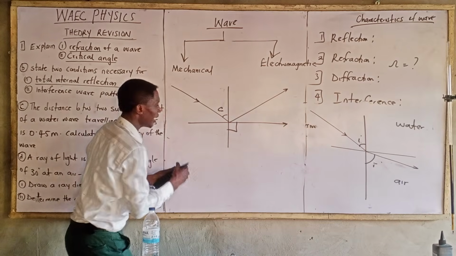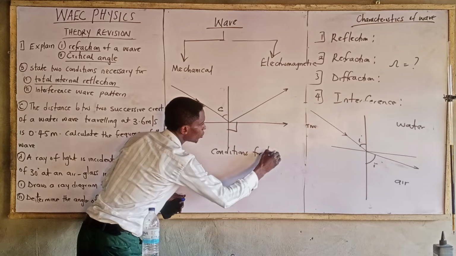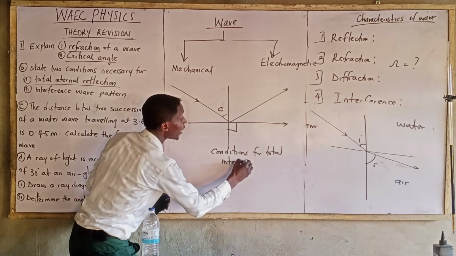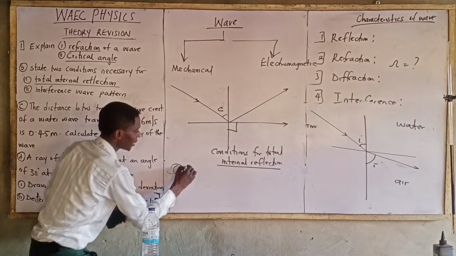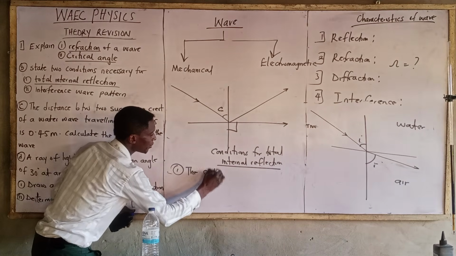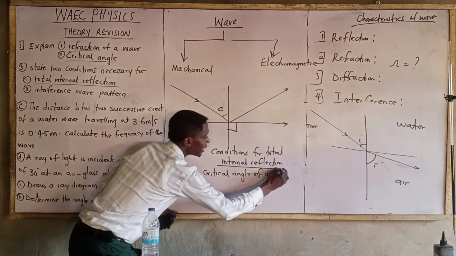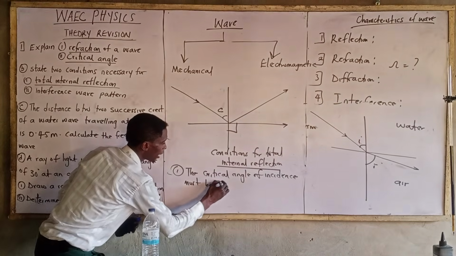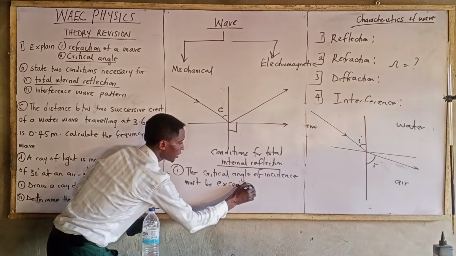Conditions for total internal reflection: number 1, the critical angle of incidence must be exceeded.